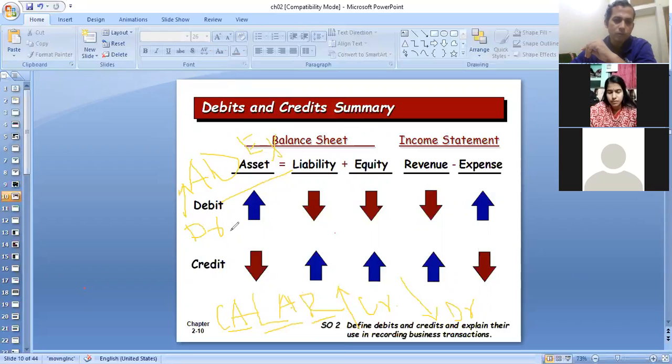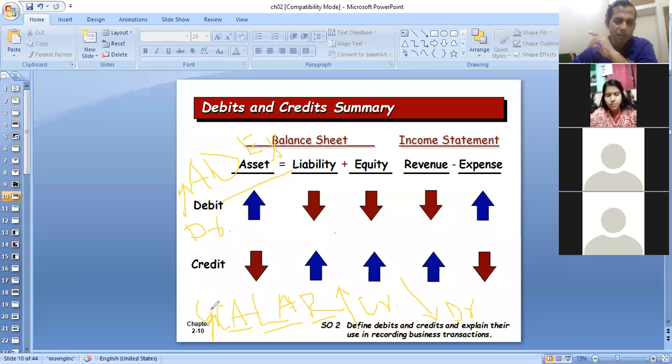Okay. So CALAR, again, capital, liability, revenue, increase, credit. So this side is the credit items. Capital, liabilities, revenue increase, credit, and the opposite is the debit. So your debit and credit problem, I think, is over.